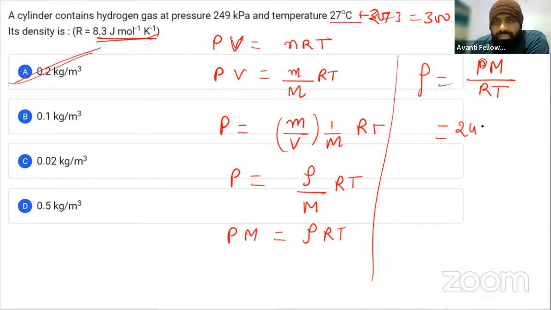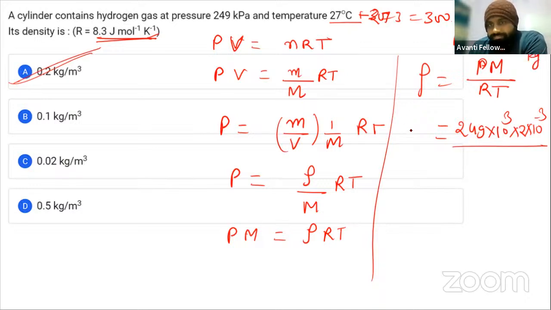So P is 249. It is in kilopascal, so we need to convert it to Pascal. 1 kilopascal has 10 raised to the power 3 Pascal. Then again, mass is 2 into 10 raised to the power minus 3, because mass is 2 gram and we need to convert it into kg. RT, R is given as 8.3 and T is 300.